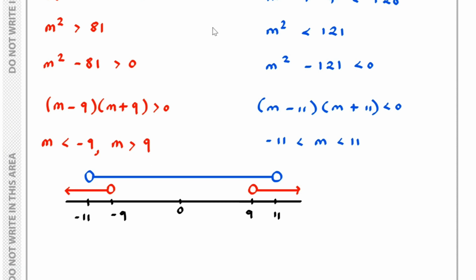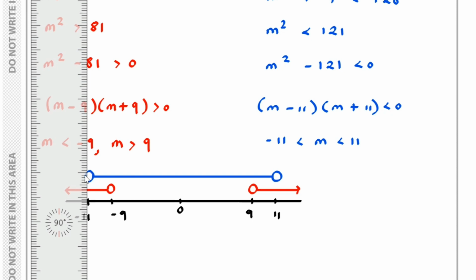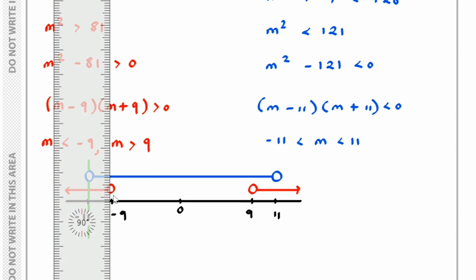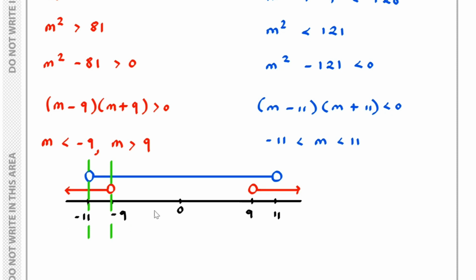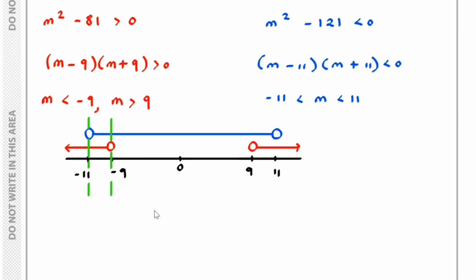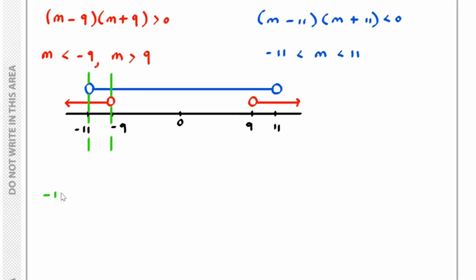So the solutions I want then would be in between these values over here. So I've got a solution in between minus 11 and minus 9. So I've got minus 11 being less than m being less than minus 9.